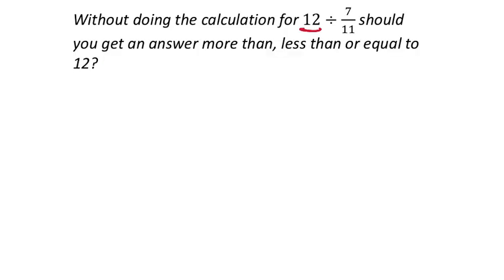So our dividend on this one is 12, and it says without doing the calculation, no problem. But we're always going to be comparing a dividend with a quotient. They didn't say quotient, but it's an answer right there. Okay, so this problem, the main focus is the divisor, which is 7/11. Well, last time I checked, that right there is a proper fraction, which means it's less than 1.